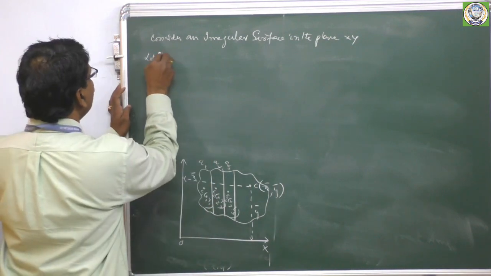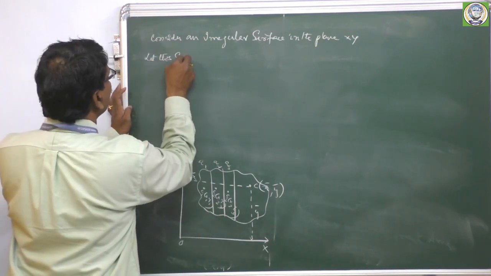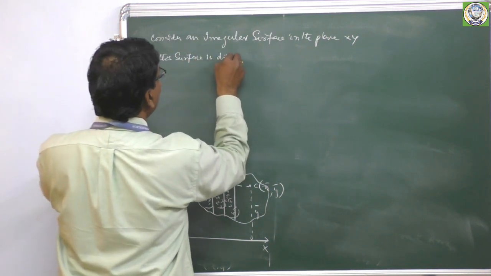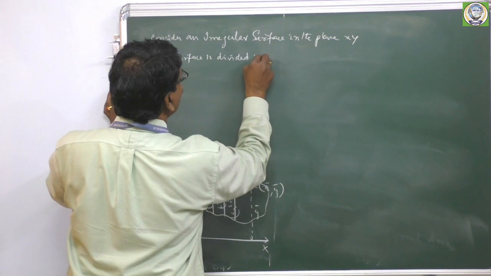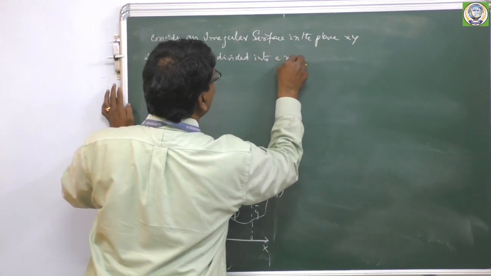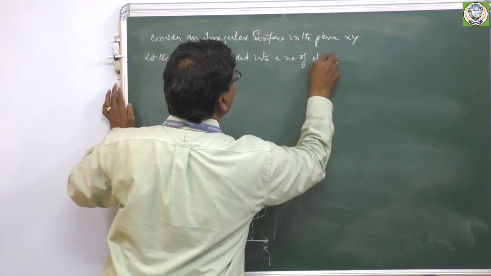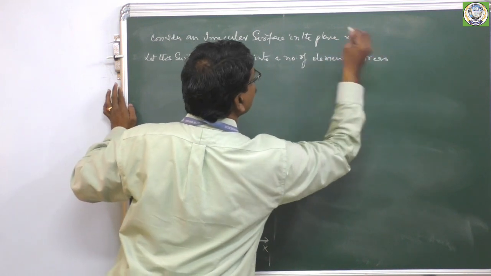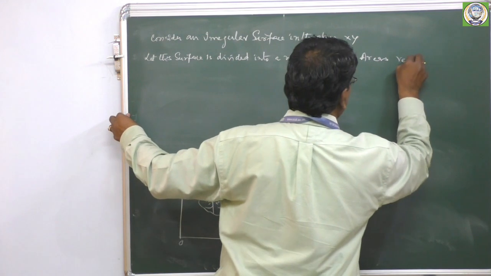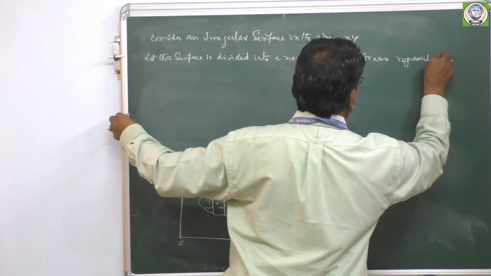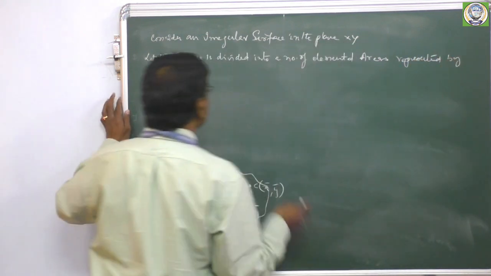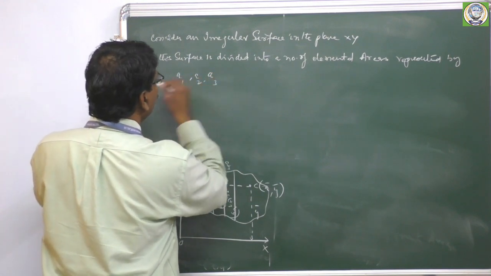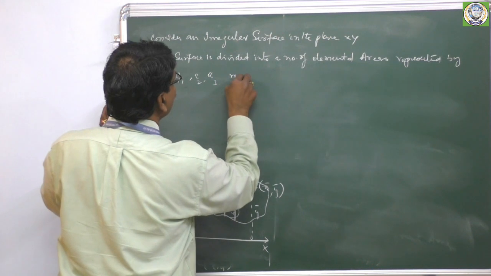Let this surface be divided into a number of elemental areas represented by A1, A2, A3 respectively.